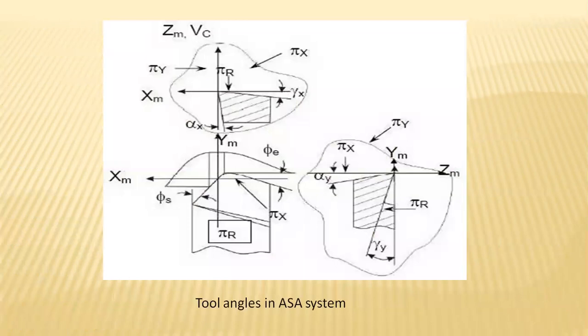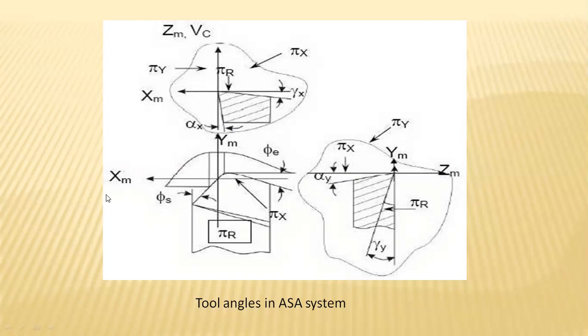And these are the angles at different planes when the work in progress is done in three dimensions. The reference point is based on the top view representation, and this is the tool maintaining its movement towards the upper face with a rake angle and a clearance angle for removing the material.